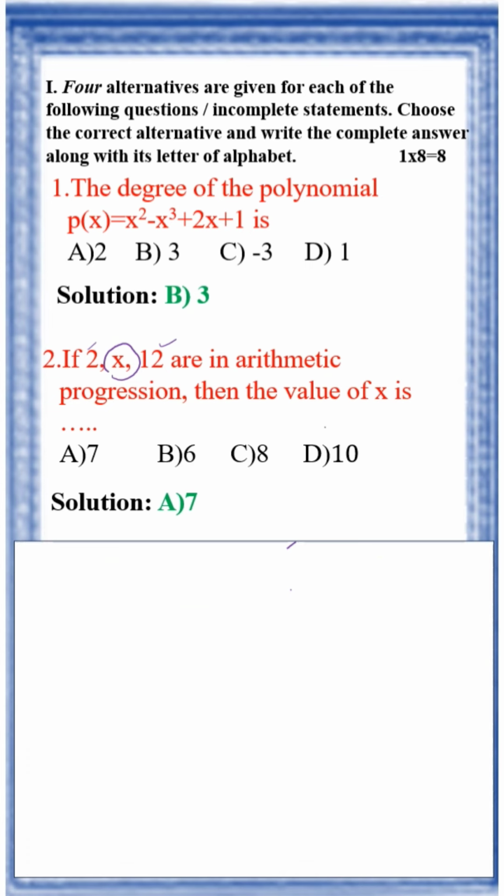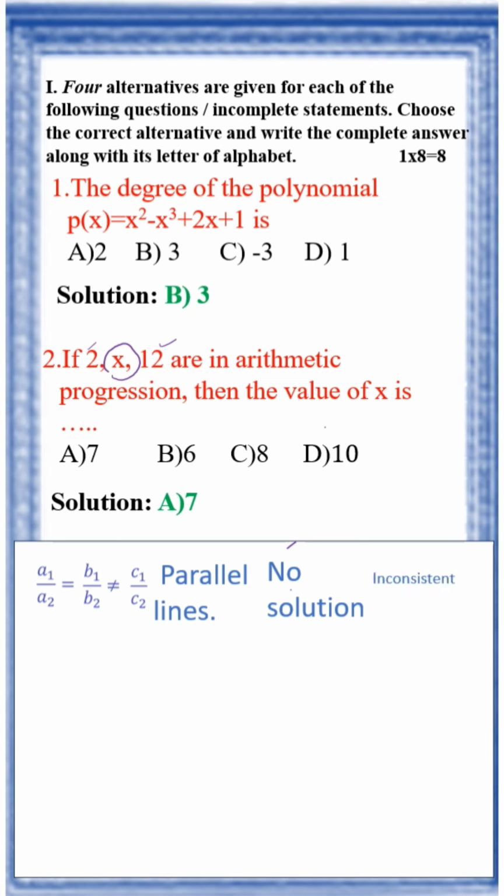Just remember this chart. If a1 by a2 is equal to b1 by b2 is not equal to c1 by c2, then it is parallel lines. No solution. The system is inconsistent.